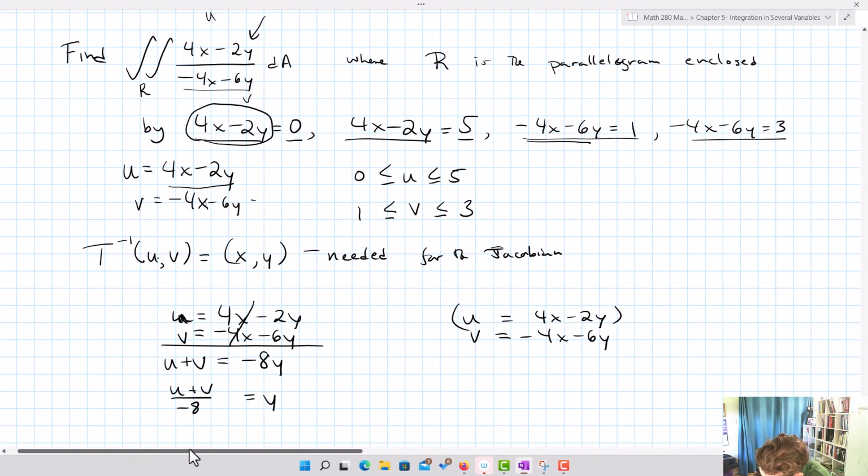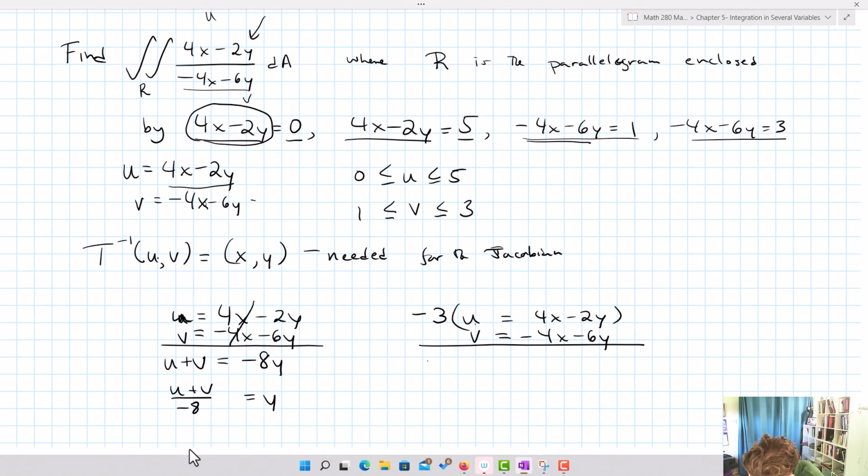So we'll multiply the top part by, let's say, negative 3. What that gives me then is negative 3u plus v equals, and then this is going to be negative 12x and negative 4x, so that's negative 16x. And then the y terms are going to cancel.